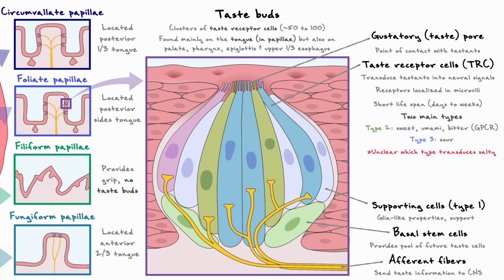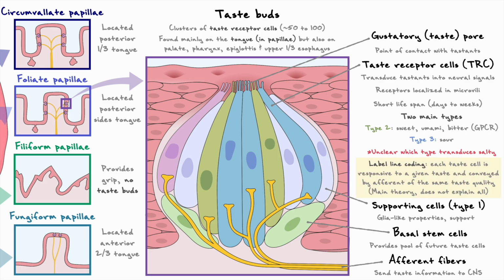This segregation of signals leads to the idea of label line coding, or in other words, the concept that each taste cell is responsive to a given taste, and the signal of that cell is conveyed to the central nervous system by an afferent of the same taste quality. So sweet-detecting cells send their information to sweet-detecting afferents, bitter cells to bitter afferents, and so on.